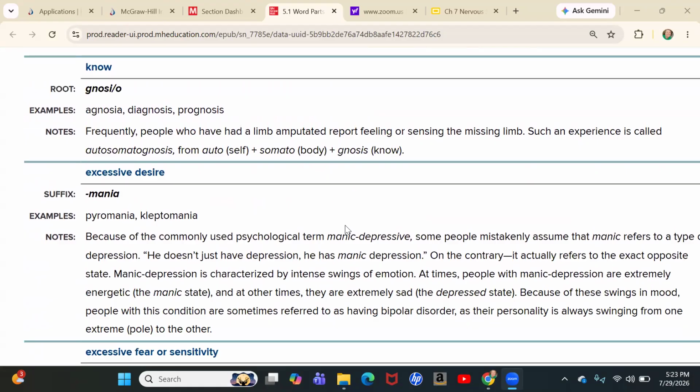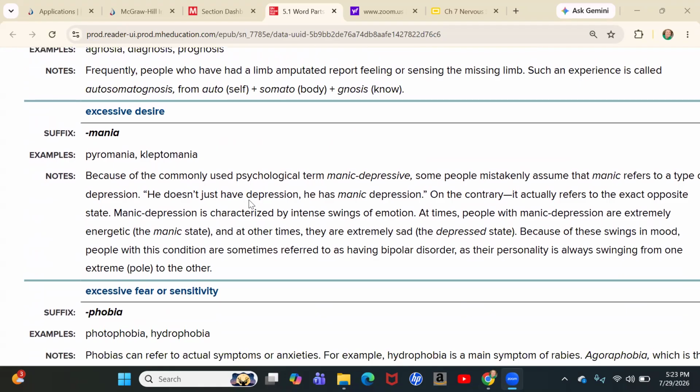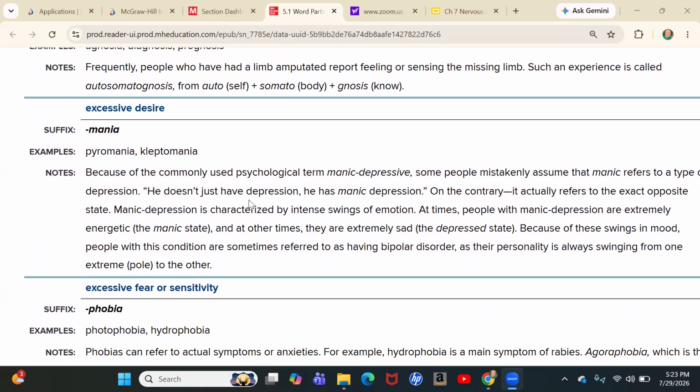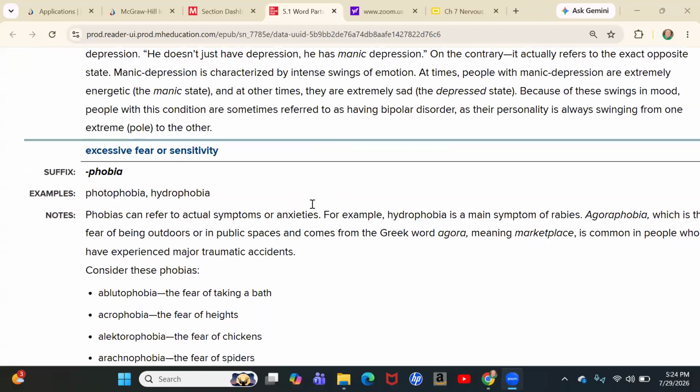Then you have the term gnosio here, as in diagnosis or prognosis or agnosia, meaning to know. Mania is the term that means excessive desire or a strong feeling of want, okay, excessive desire here. Kleptomania, pyromania, you may have heard of some of those terms.